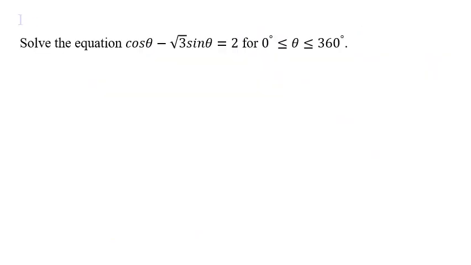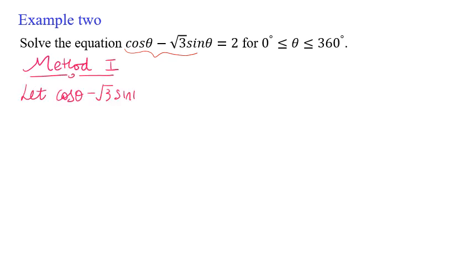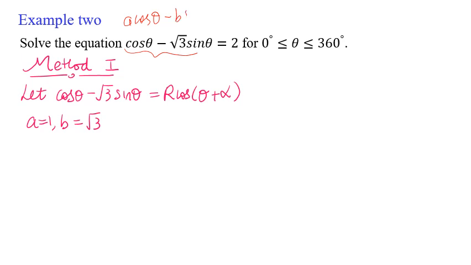Okay, another one will be this kind. Solve the trigo equations. So we're going to express this in the form R cosine bracket theta plus alpha. Similarly, compare it with your A cos theta minus B sin theta.